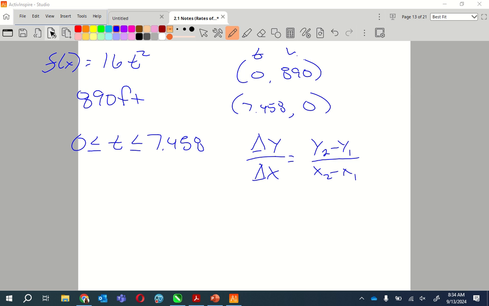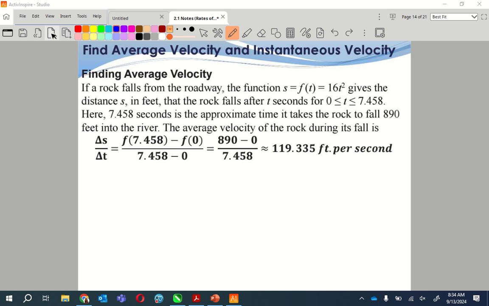So y2, 0 minus 890 over 7.458 minus 0. And then we can throw this in the handy dandy calculator and come up with my average, which is going to be right here: 119.335 feet per second.